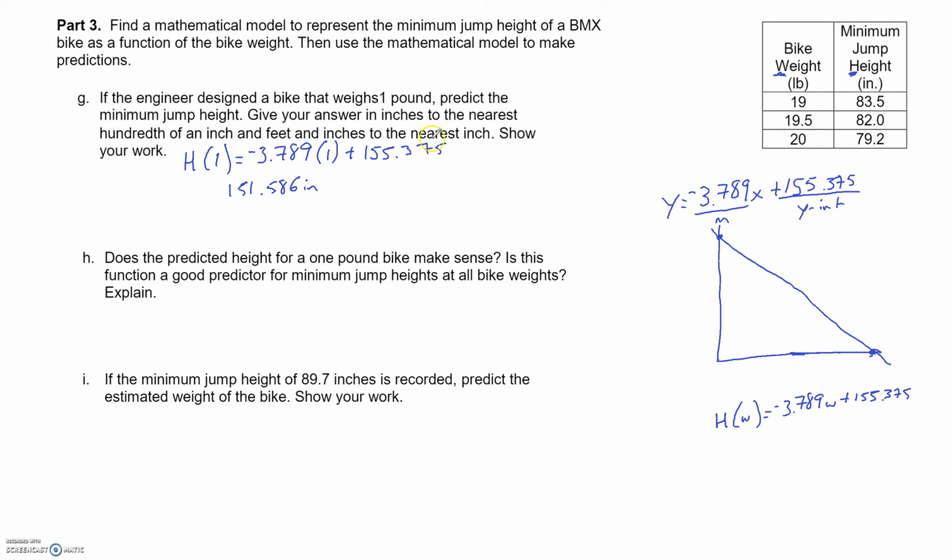And it says it wants it in inches to the nearest hundredth of an inch. So hundredth, this is tens, hundredths, that would round up to a 9. All right. So that's one answer. And in feet and inches to the nearest inch.